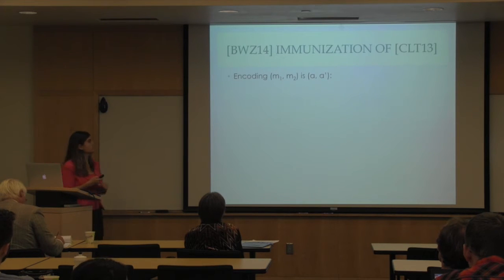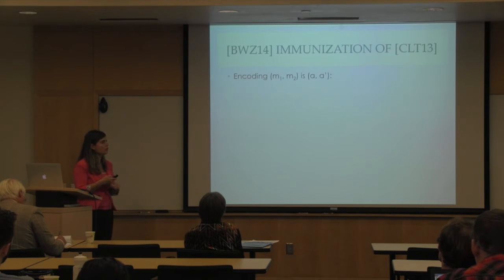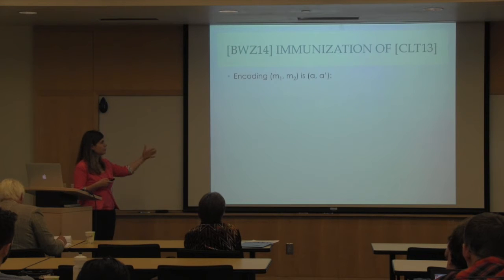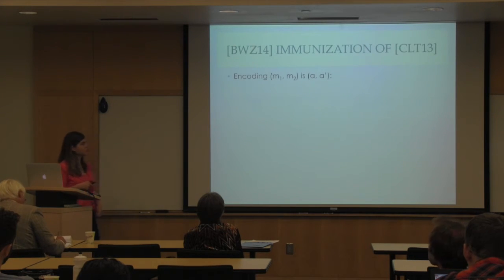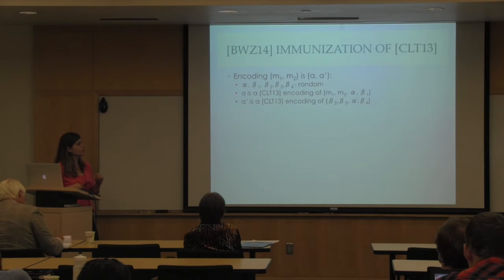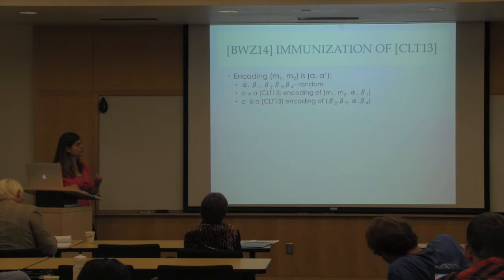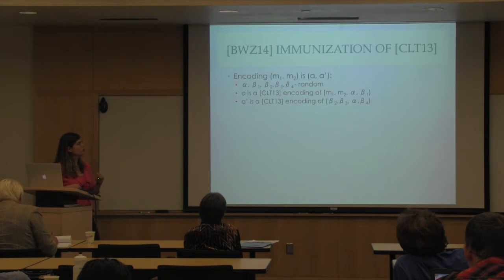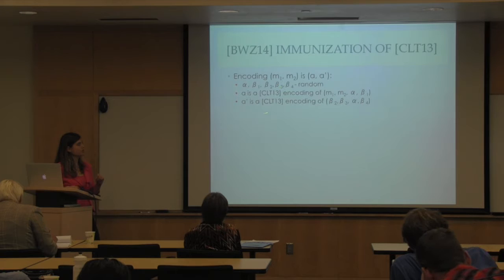They extended the way you are encoding. They defined a new multilinear map encoding scheme where, if you want to encode a message M1, M2, so I'm just looking at the example where we have reduced the dimension to 2, you will sample these random values, and you will output 2 encodings that are CLT13 encodings.